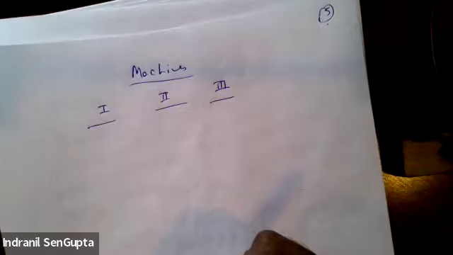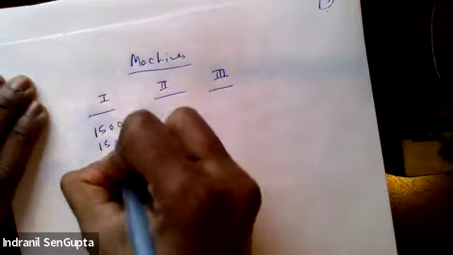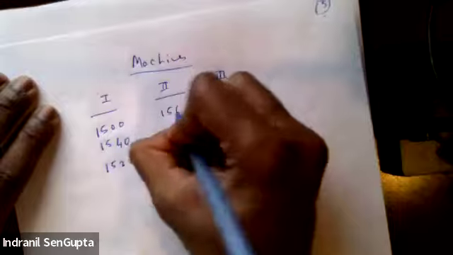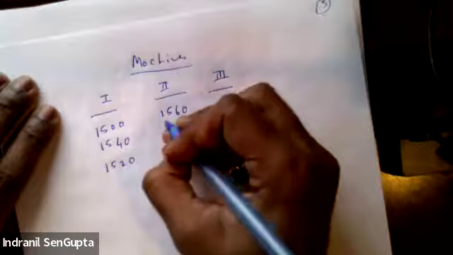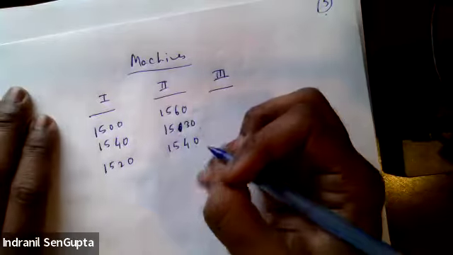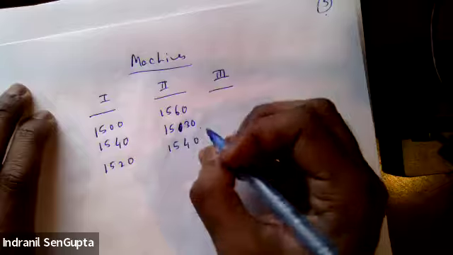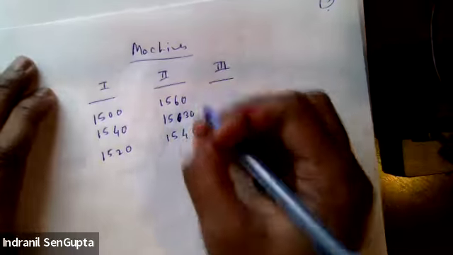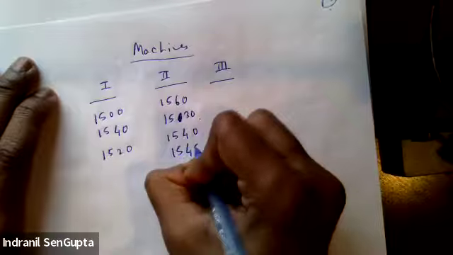The values are: 1500, 1540, 1520; then 1560, 1530, 1530, 1540; and 1545.